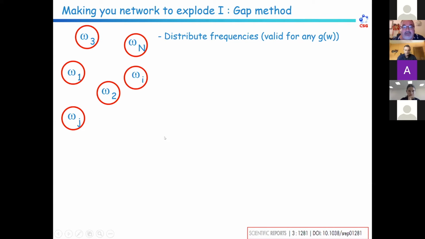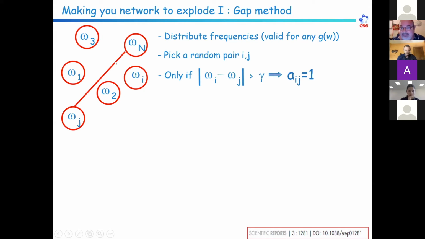In order to do this, you pick randomly a pair, i and j, for example this oscillator and this oscillator. And now you check the frequency difference. Only if the frequency difference is larger than a given threshold gamma, then you put the link. Otherwise, you don't put the link and you choose another pair.